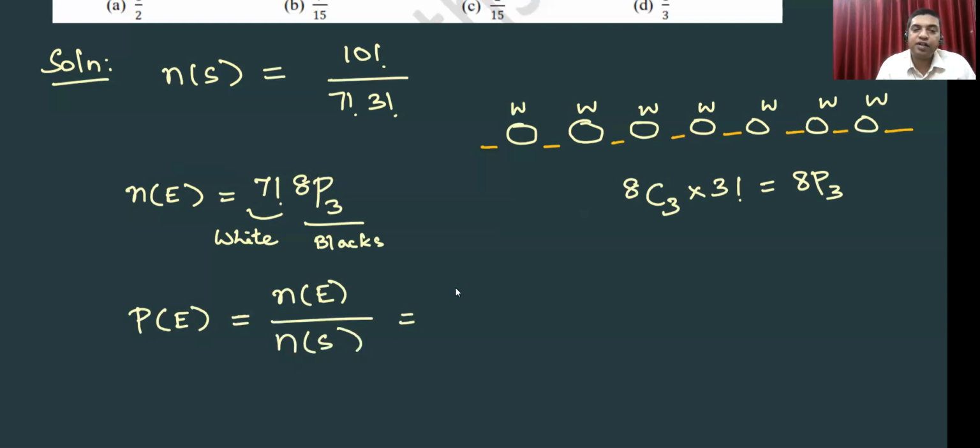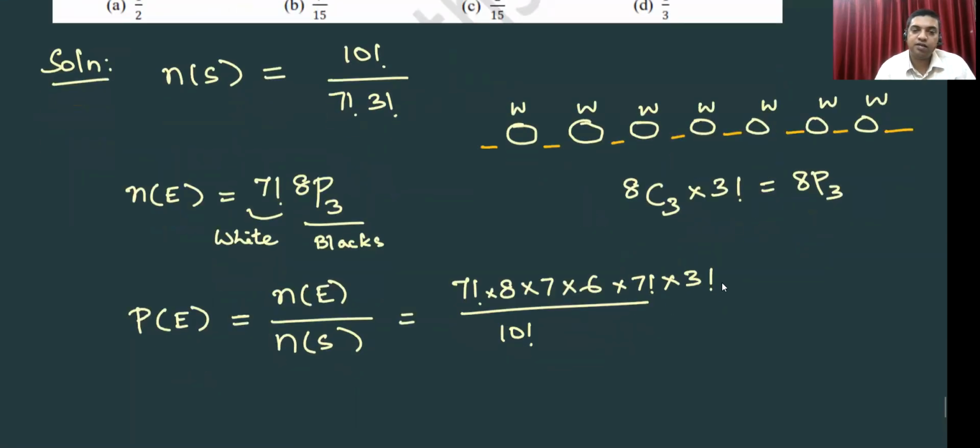So n(E) is 7 factorial into 8P3 ways, which is 8 into 7 into 6, divided by 10 factorial into 7 factorial into 3 factorial.